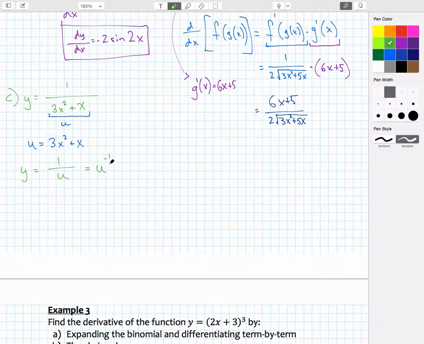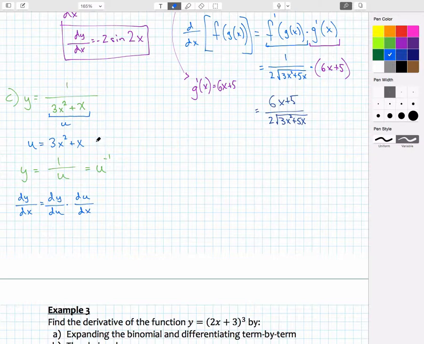So, again, writing down the chain rule in Leibniz form, dy dx is the same as change of y with respect to u times change of u with respect to x. So again, what we need to do is just differentiate both of these things.